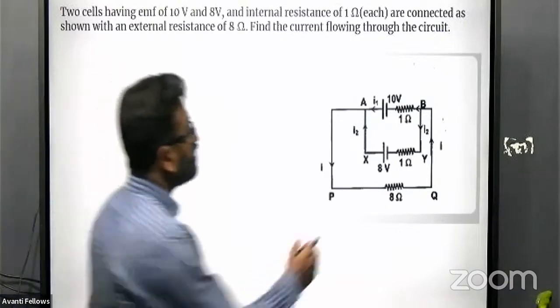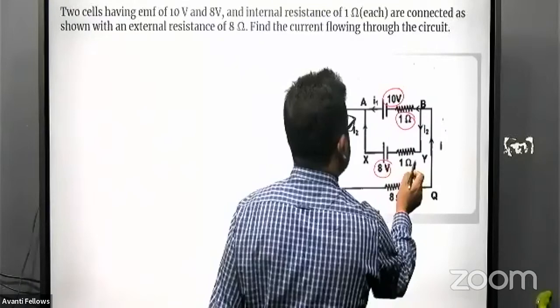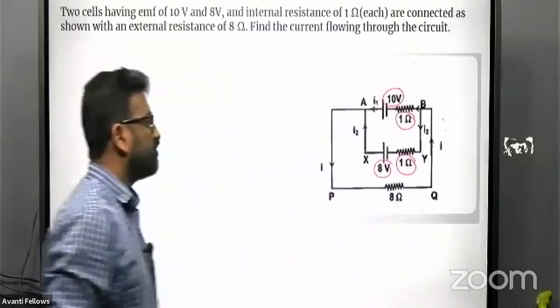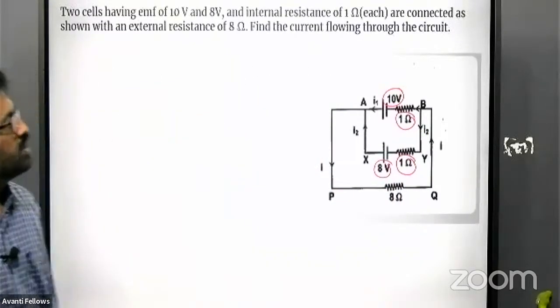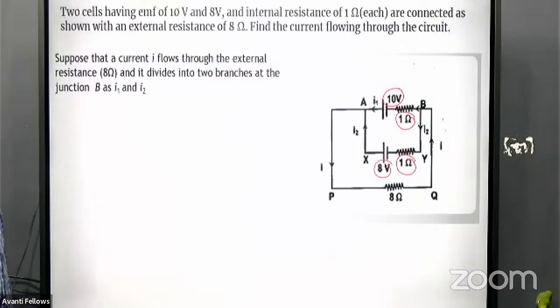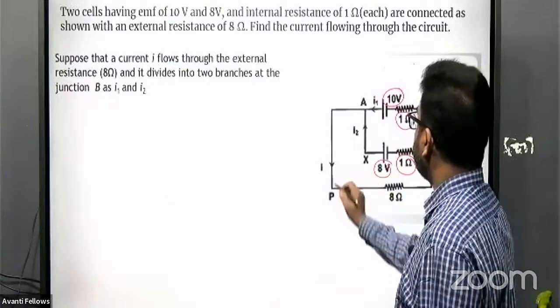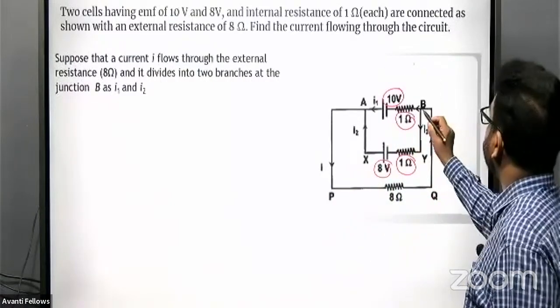Here, this cell is having an EMF of 10 volt and the internal resistance of 1 ohm. This is 8 volt and 1 ohm. And we have to find the current flowing through the circuit. See here, at the junction B, the current which is coming here is getting divided into two.